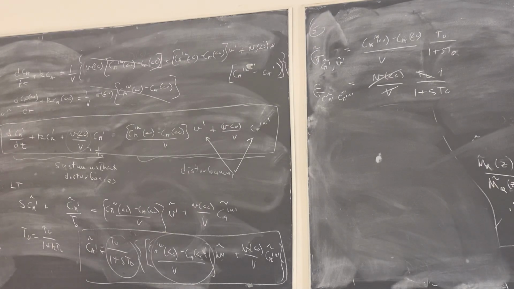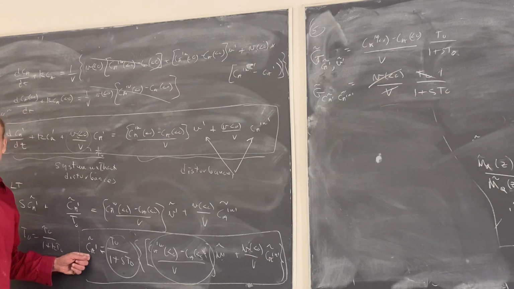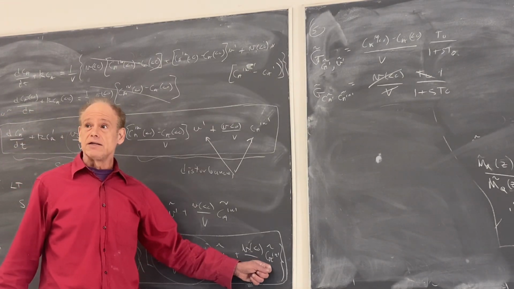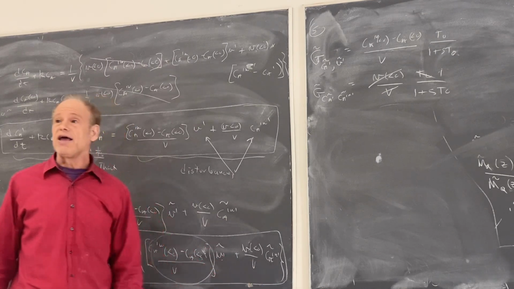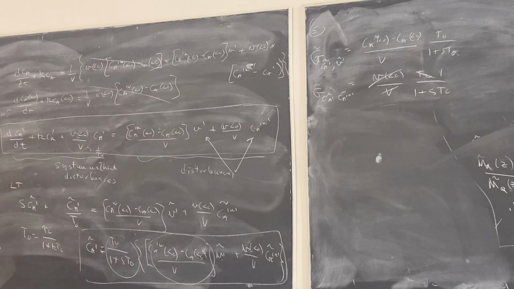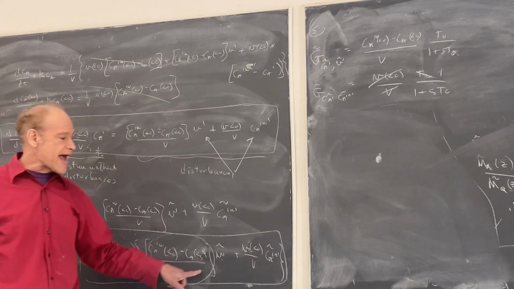In other words, here I have the response of CA prime to changes in the volumetric flow rate and to CA in prime tilde. If only one of them changes, well, that term drops out. Notice, because the system is linear, because I've linearized the system, the responses add.